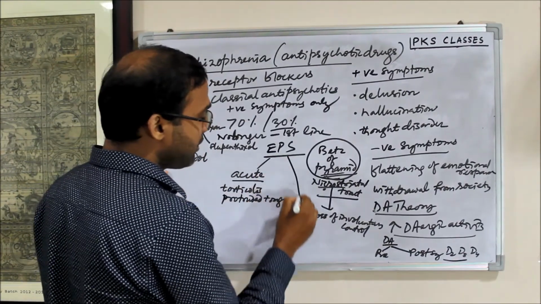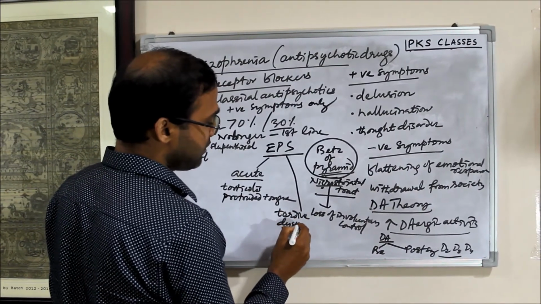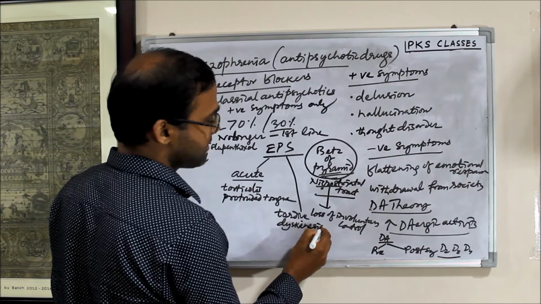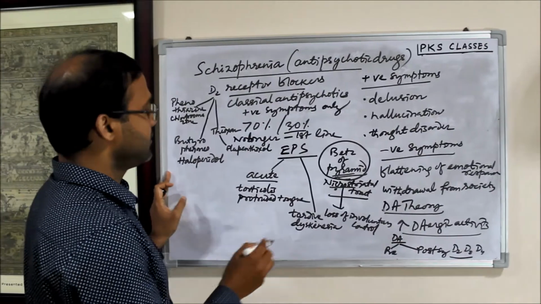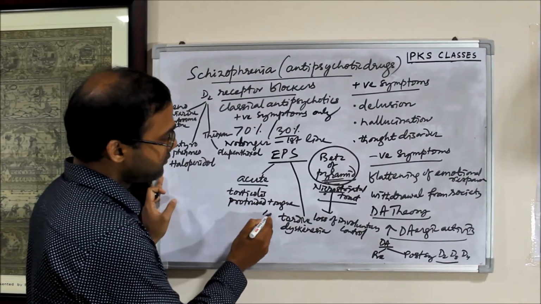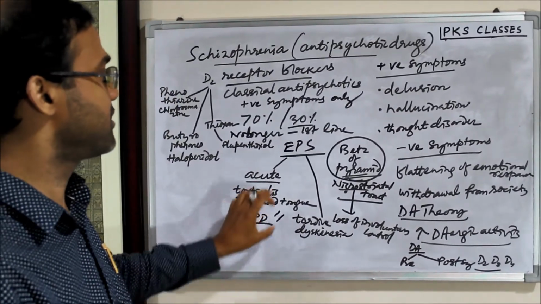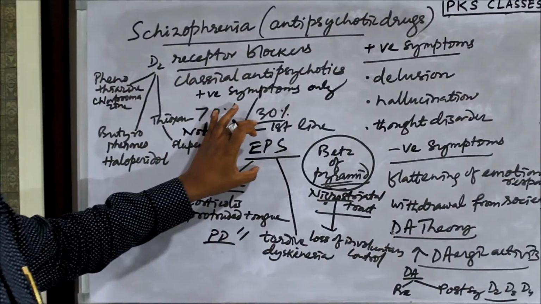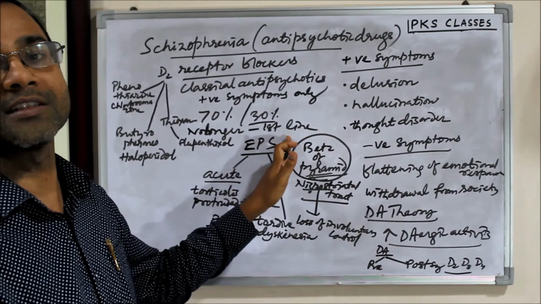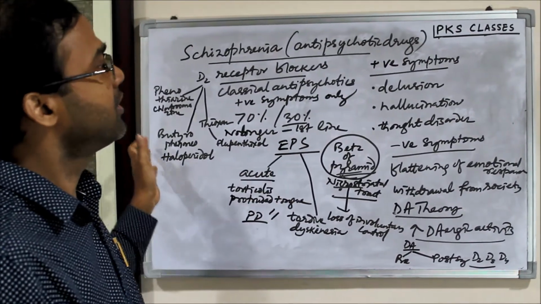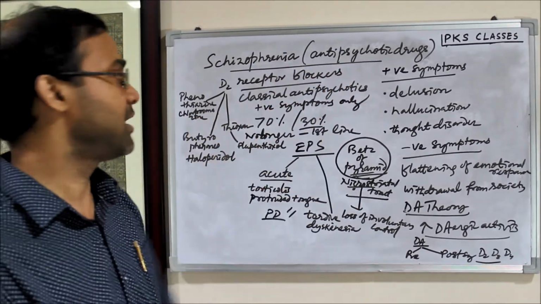And when it becomes chronic, it leads to tardive dyskinesia, loss of balance, and there will be tremors. These symptoms are those of Parkinson's disease. Parkinson's disease symptoms are equivalent to extrapyramidal side effects. So all these drugs have this major drawback of extrapyramidal side effects, and chronic use may lead to Parkinson-like symptoms.